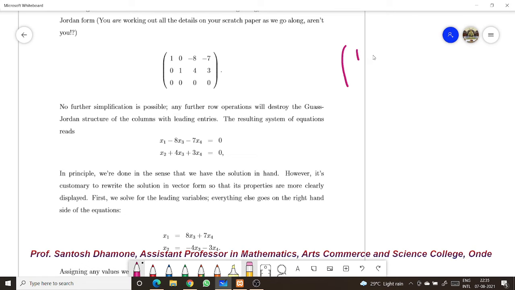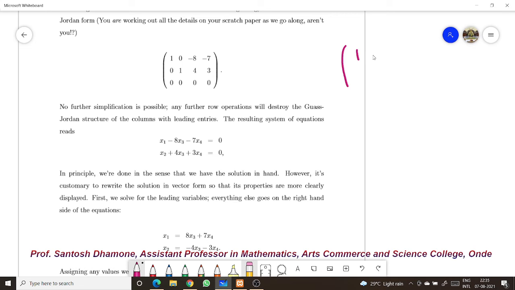This is our system, Ax is equal to b or 0. A is a matrix of order m by n. X is a matrix of order n by 1.